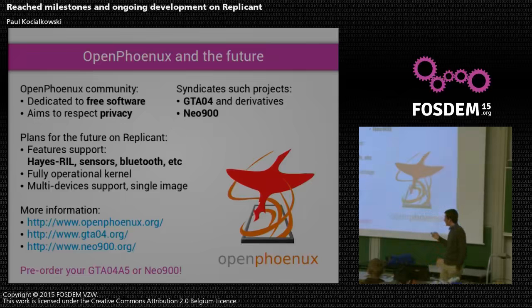And have multiple devices support, so also the tablet versions of that hardware supported, all with a single image. That would be interesting, because on Android, you usually make one image per device. And that's a waste, because when the devices are really close, you could have some runtime changes and optimizations going on. So that's what I'll try to do.